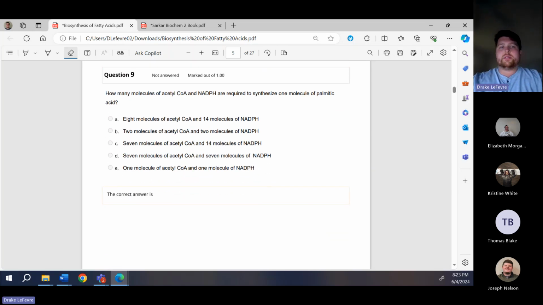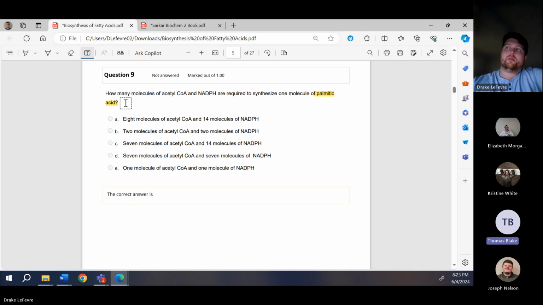How many molecules of acetyl-CoA and NADPH are required to synthesize 1 molecule of palmitic acid? This is going to be similar to kind of like the loops of everything. So we look, palmitic acid, if we think and remember palmitic acid, does anyone remember how many carbons a palmitic acid contains?